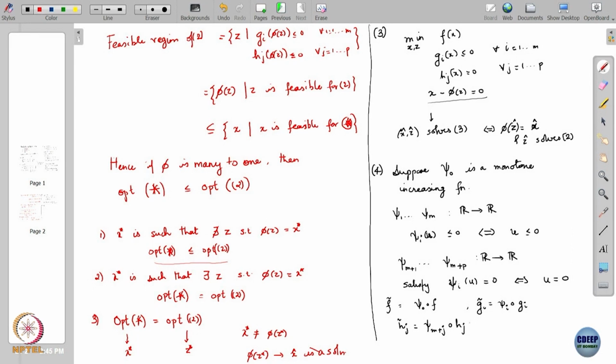So, I am composing this time from the left. And now you look at this optimization problem, which is my problem 4.